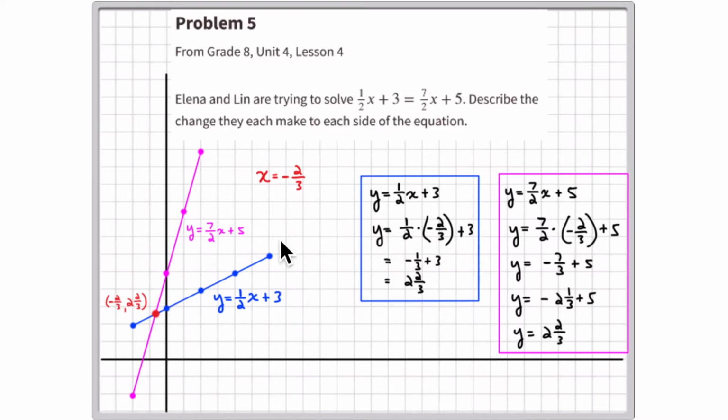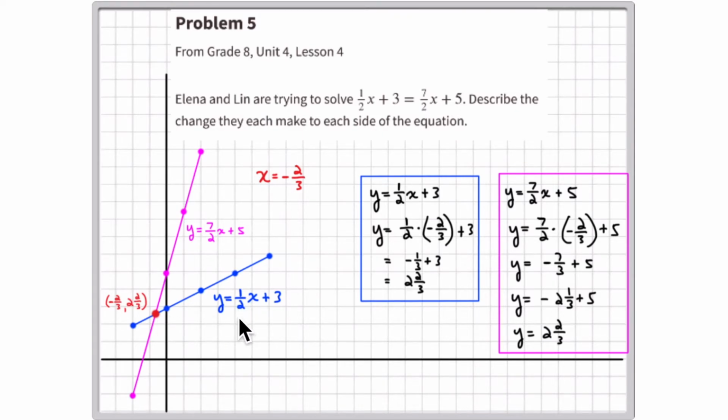And if I graph that, y equals 1/2 x plus 3, the slope is 1/2. So for every unit of x, y increases 1/2. So y is 1/2 the length of x. So that's what this slope means.